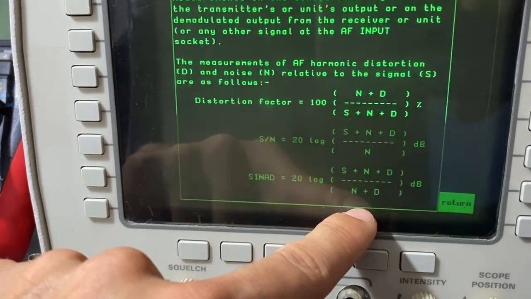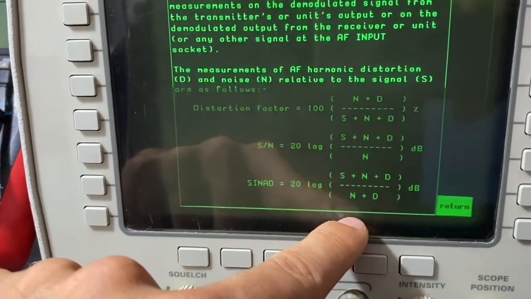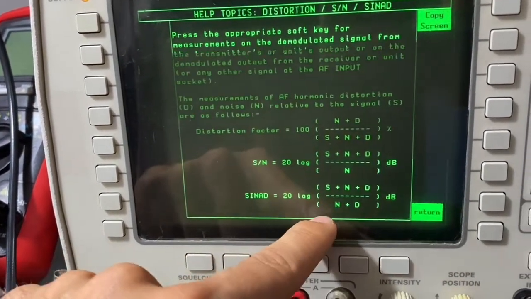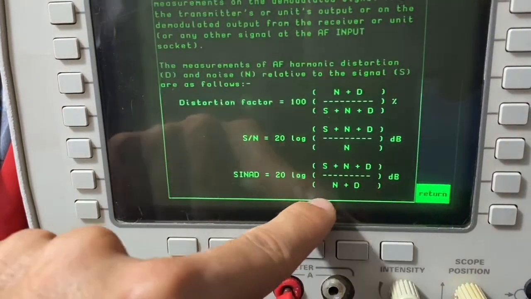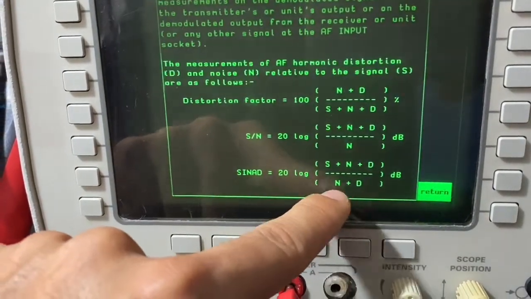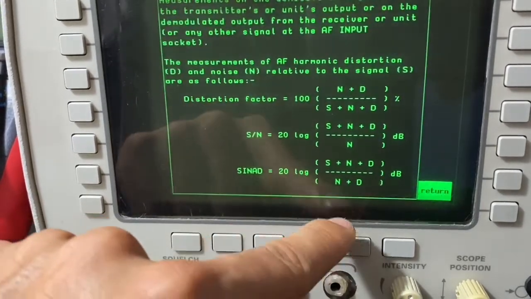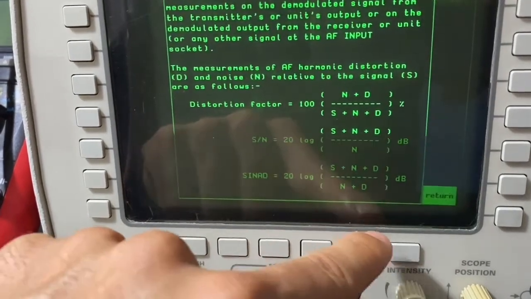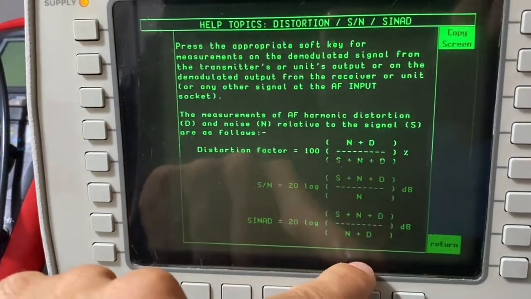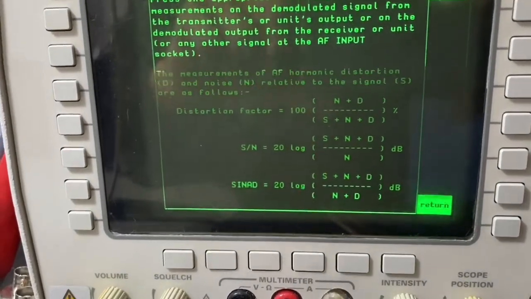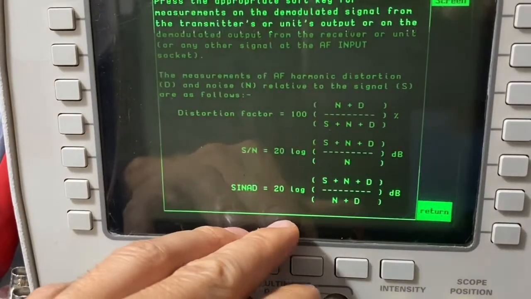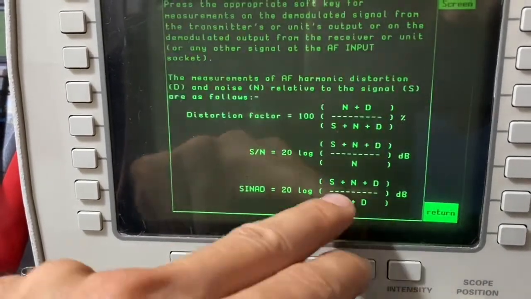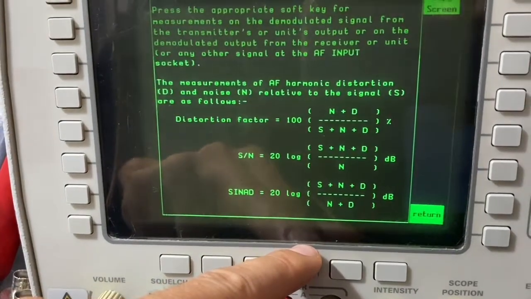And doing that, the instrument will just notch out the fundamental frequency of the signal, and will leave the noise and the harmonics making up the distortion of the signal, and that's in dB. So as you can see, it's a 20 log the voltage, 20 log, so that's in voltages.